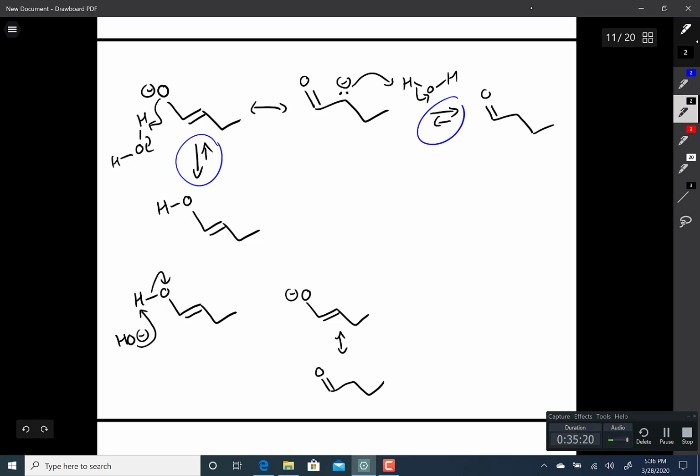Of course, it's resonance stabilized. And when that took that proton off, you get water. And then that C- takes that proton off and gets OH-. This molecule has a pKa roughly around 10. This is an OH attached to an sp2 carbon. The pKa of water is 15.